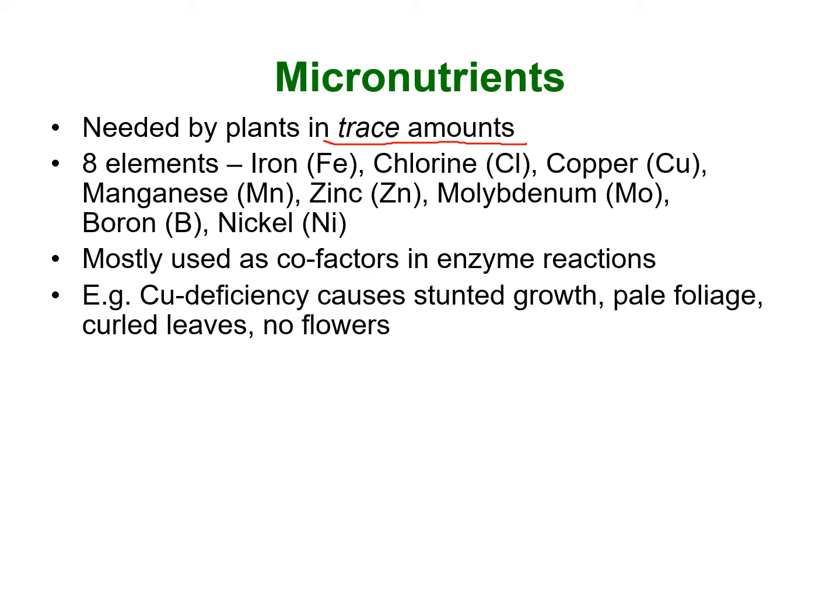Most of these form complexes with enzymes to aid in enzyme reactions. So, for example, we saw the copper deficiency tomato plant earlier. This causes stunted growth, pale foliage, curled leaves, and it also means that the plant will not produce any flowers. So it's not reproductive if it doesn't have copper.